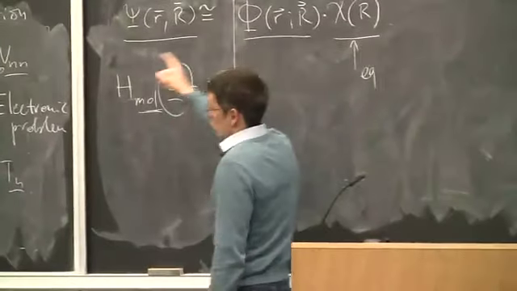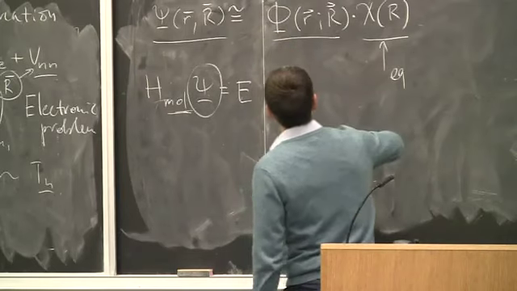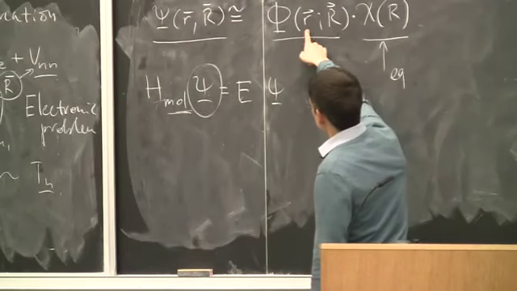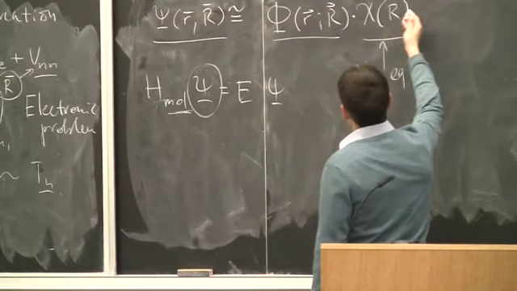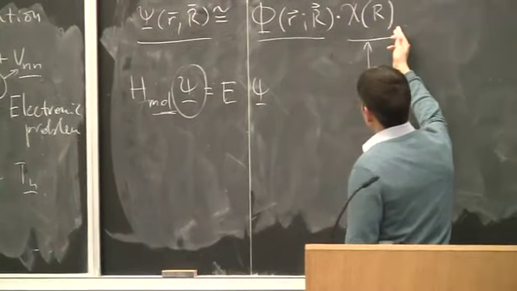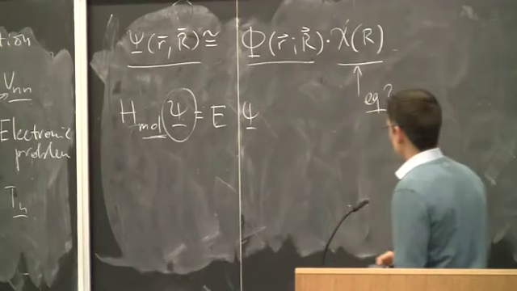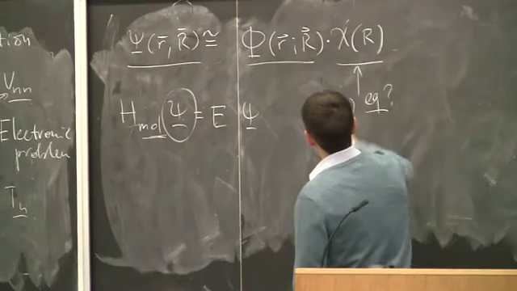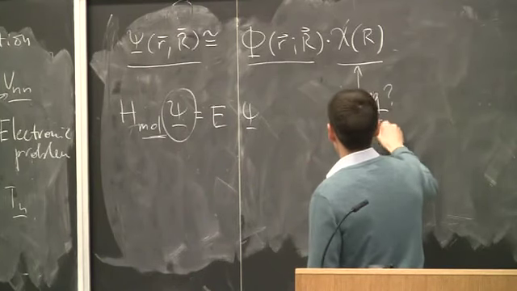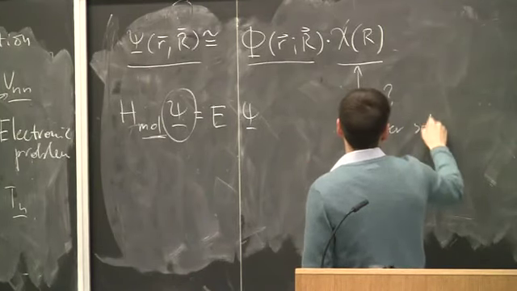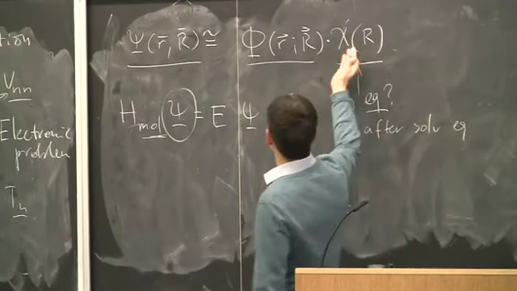Now, once we solve this electronic problem, we have the electronic wave function. And it provides both electronic dependence and nuclear dependence. But the nuclear dependence is not complete. And therefore, we add an extra function for which we will first try to write an equation. That will be A. And then B, after solving the equation, we will know chi.